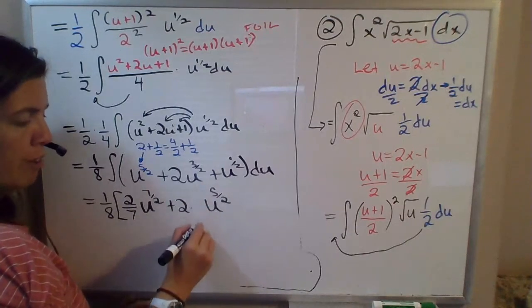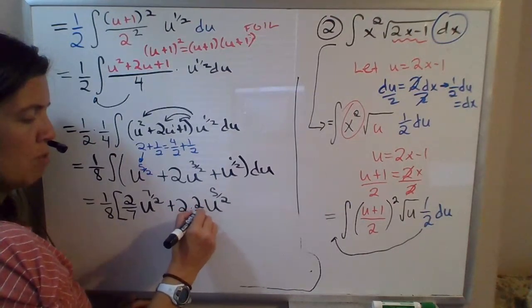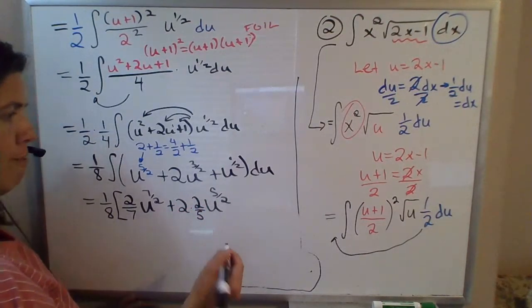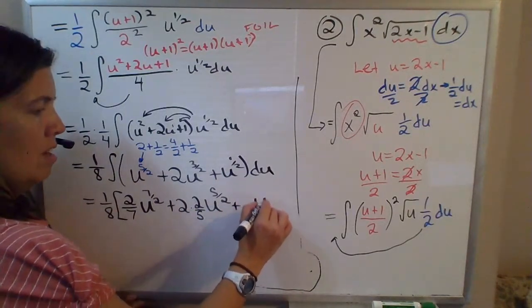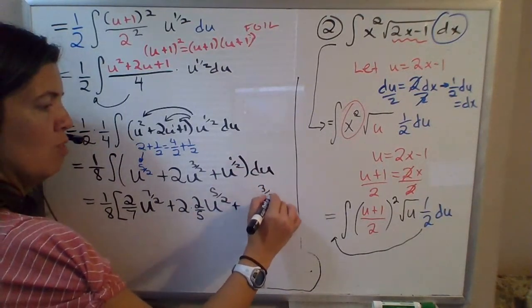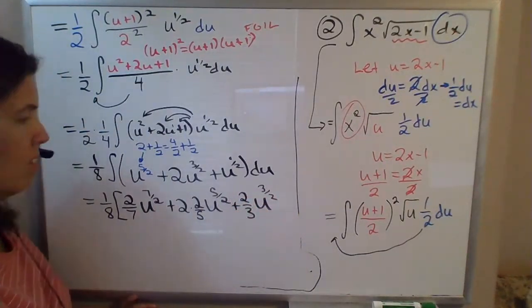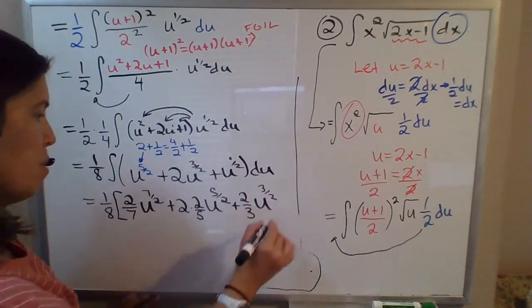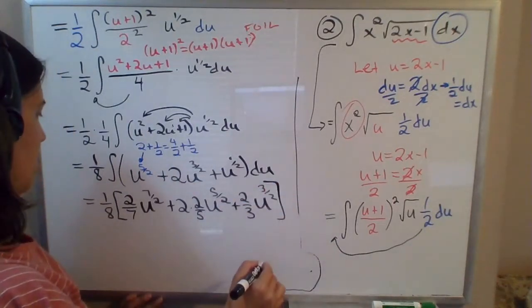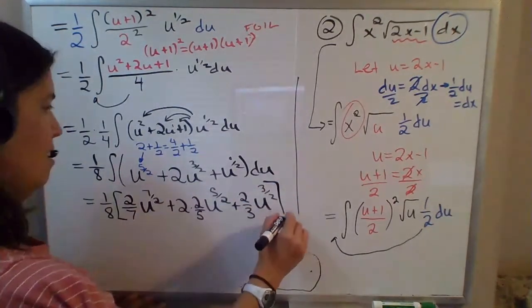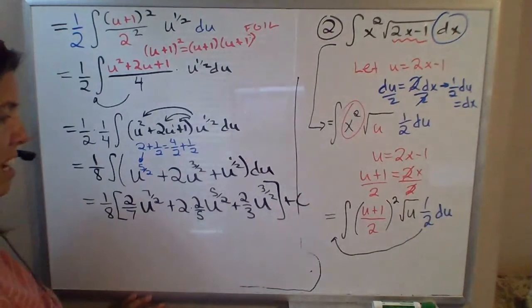So we would do 1 over 5 over 2 in front, or just times the reciprocal, 2 over 5. Add 1 to this exponent, you get 3 over 2, put the reciprocal in front. That's happened enough times, probably need to say less about it this time. So all of that plus c, now we've actually taken the antiderivative.